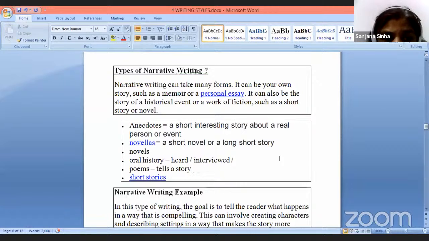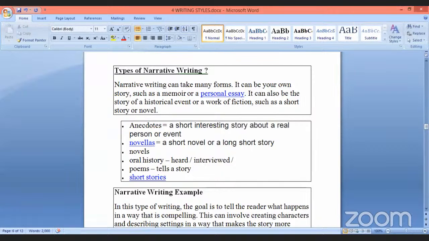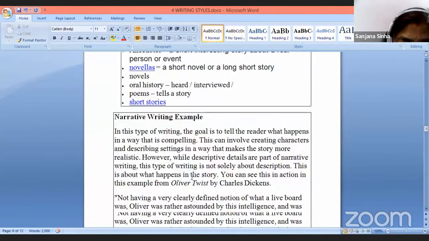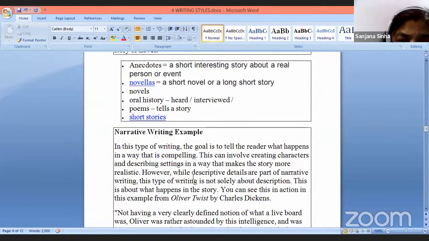It is written in rhymes, but it is a story. And of course, short stories. All short stories are examples of narrative writing style. You will come up with your own examples.